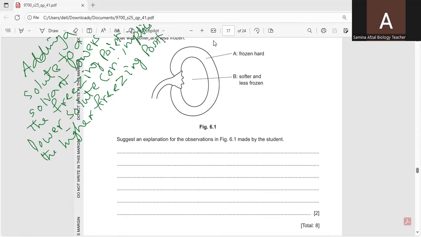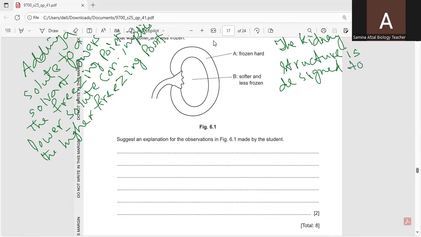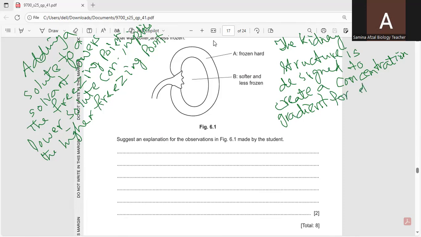So this is the common rule. So the kidney structure is designed to create a concentration gradient for efficient water reabsorption.